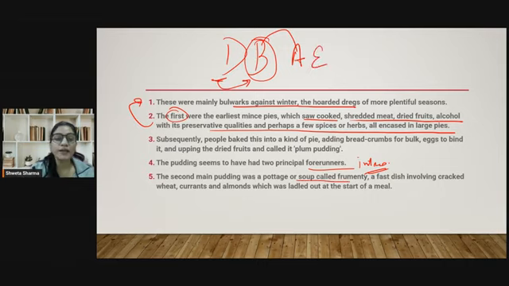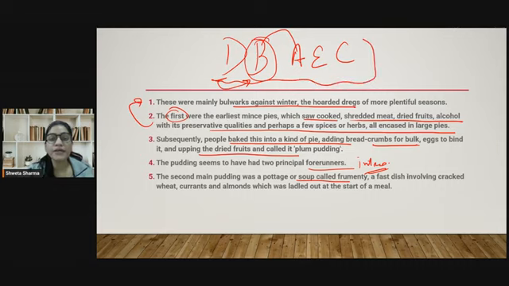And last of all, subsequently, people baked this into a kind of pie, adding breadcrumbs for bulk, eggs to bind it, and upping the dried fruits, and called it plum pudding. So DBAEC is the final sequence we get.